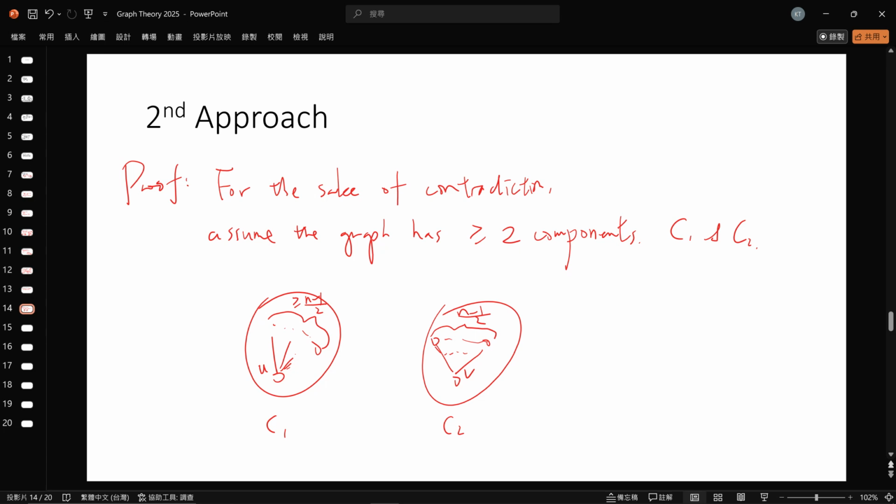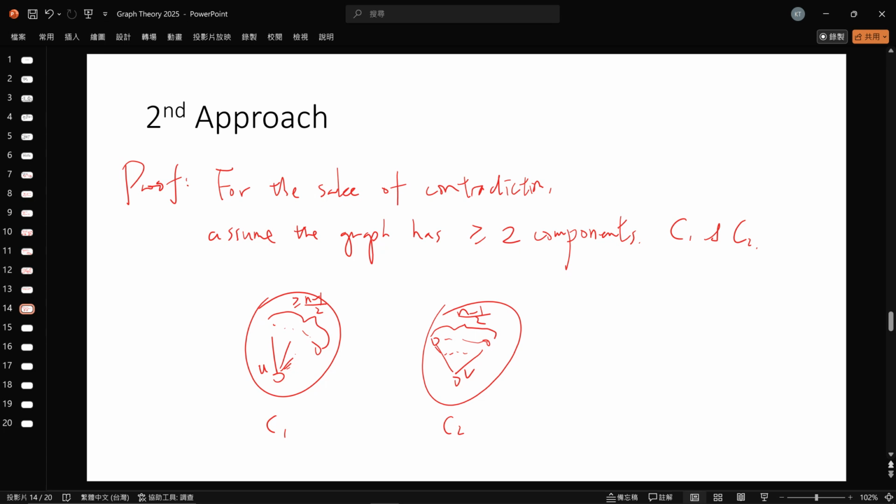All right, so the idea of proof by contradiction is to find some contradiction, right? You assume that the statement you try to prove is wrong, and you try to find some weird property, or in fact, a contradiction, okay? So where's the contradiction? And recall that n is the number of vertices in the whole graph, okay?